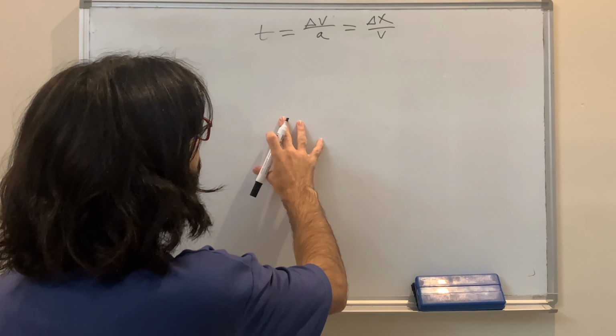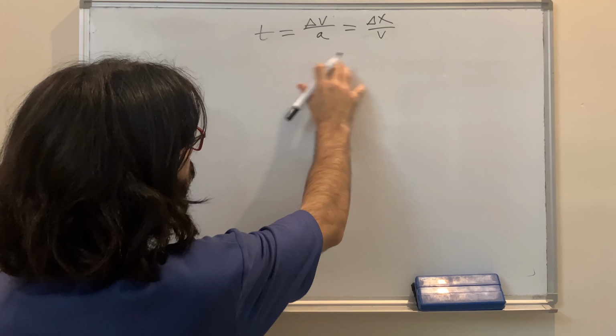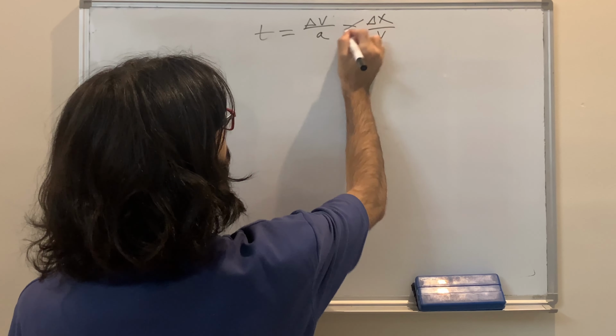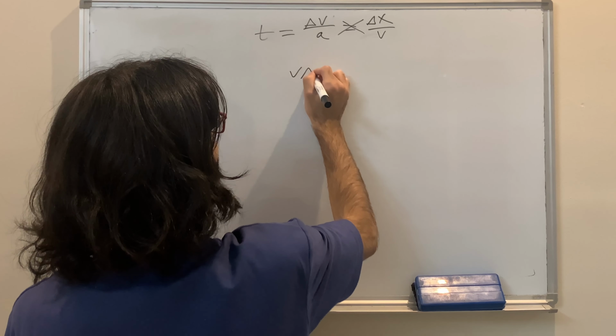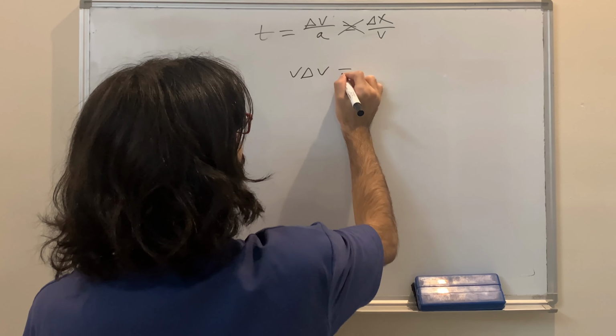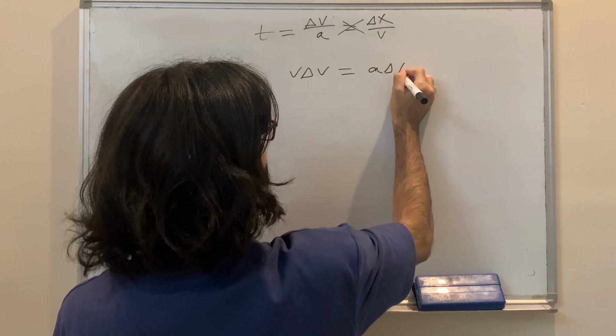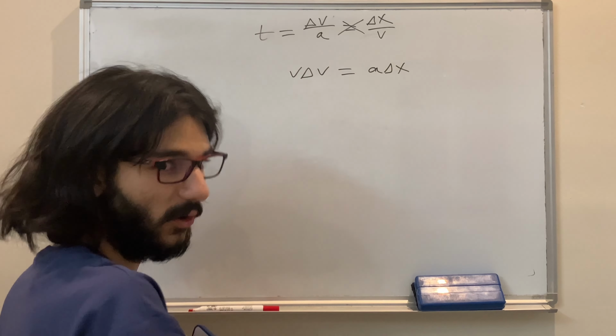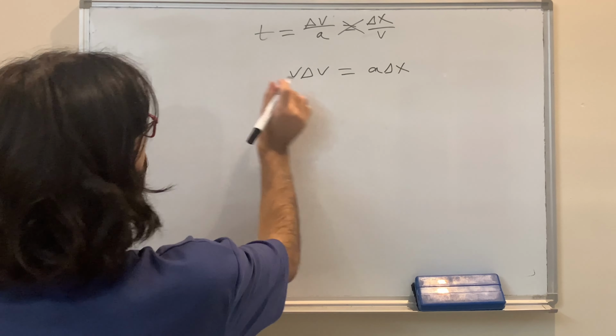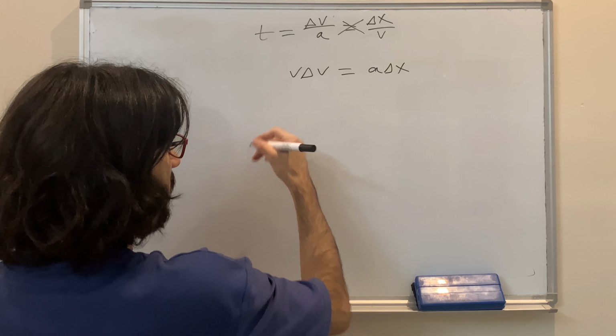Once you do that, you're just gonna cross multiply here, and that's gonna give you v delta v equals a delta x. Now here we can expand both of these to their original forms. If you remember, this is gonna go back to the first kinematic equation.